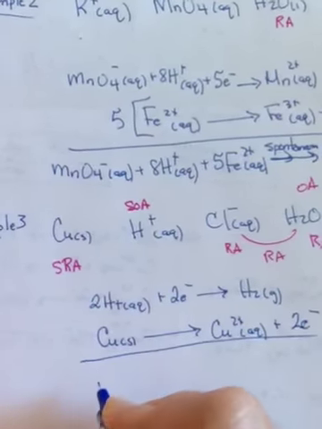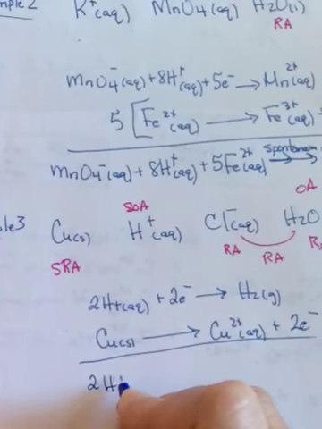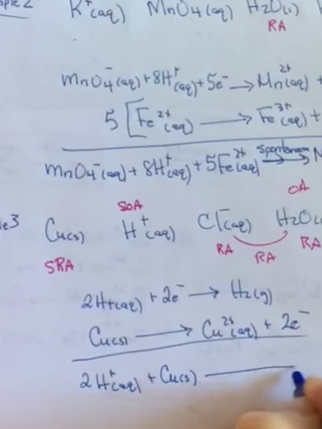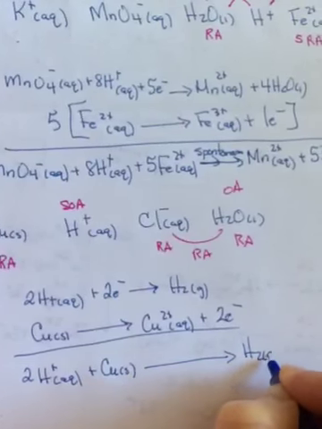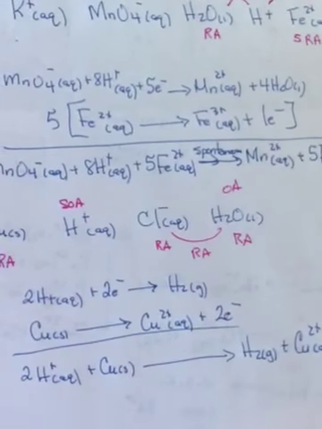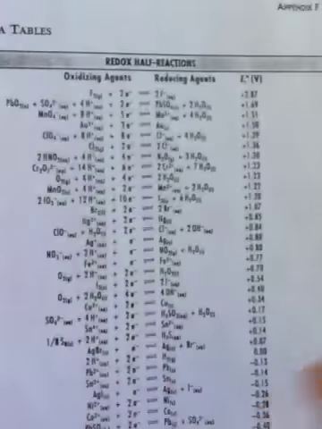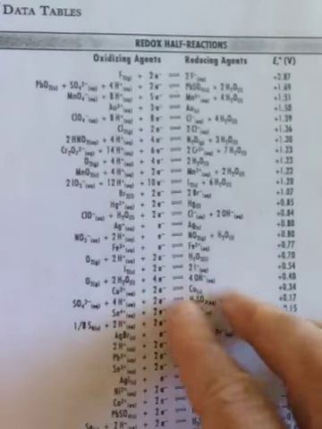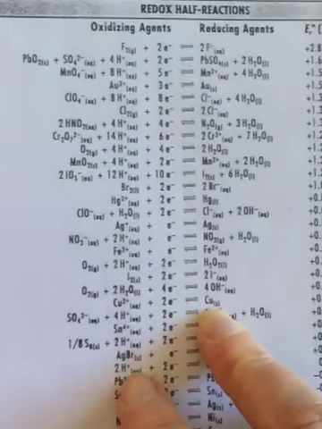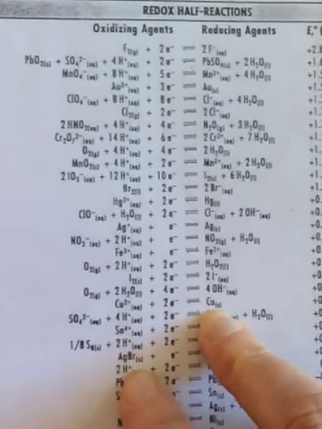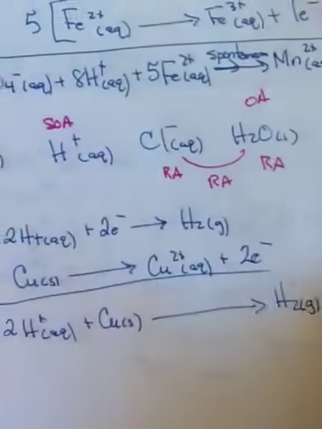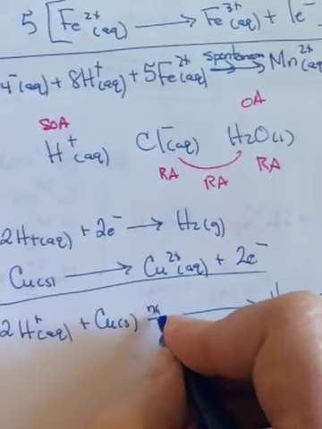Don't have to multiply by anything, add them together. 2H positive aqueous plus Cu solid going to H2 gas plus Cu2 positive aqueous. Now you do the last step. You come over here, you put one finger, okay, it already took me long enough, on your copper solid and one finger on your H positive. The oxidizing is below the reducing. This is non-spontaneous. Non-spontaneous.